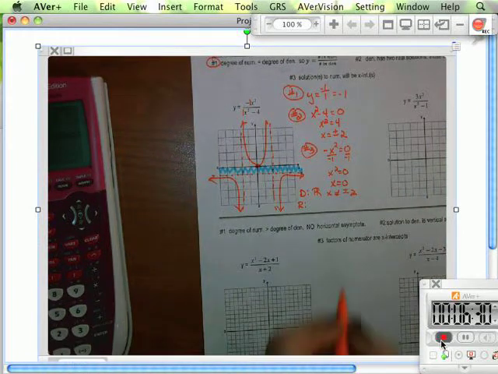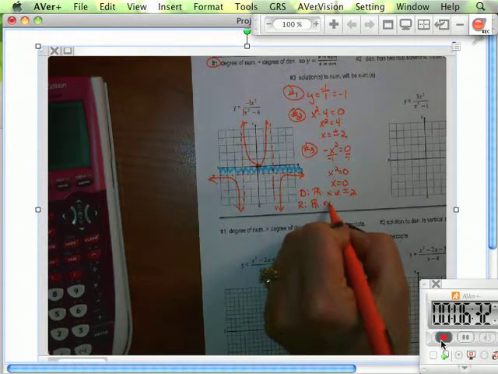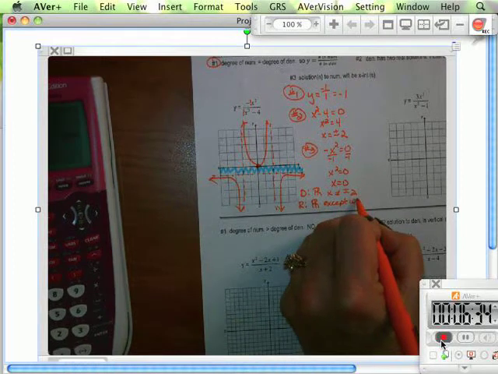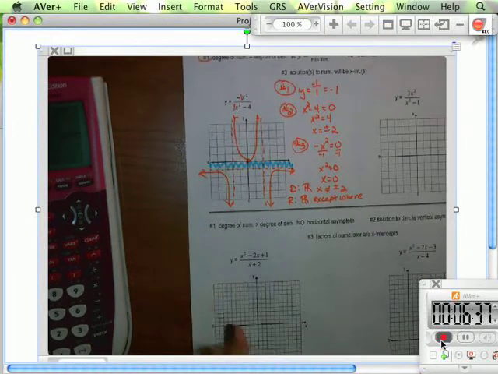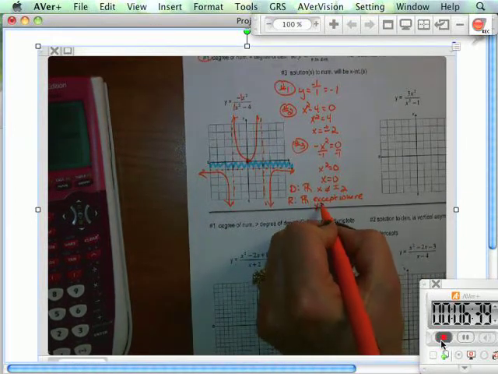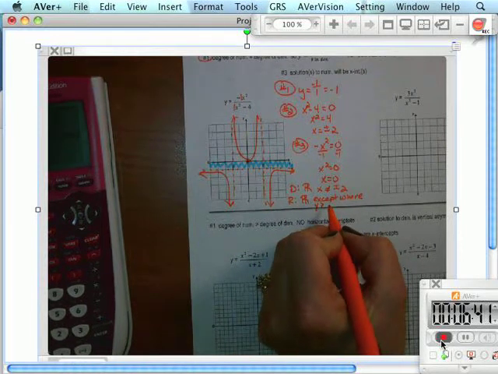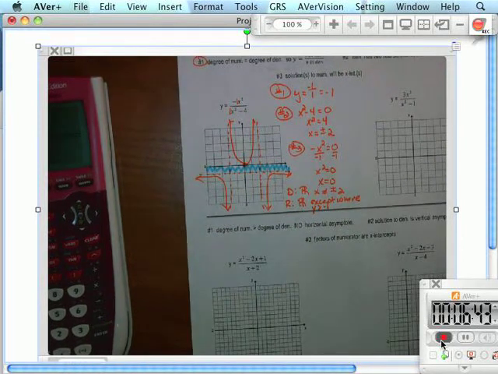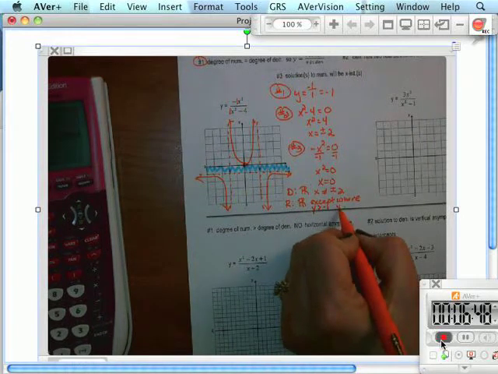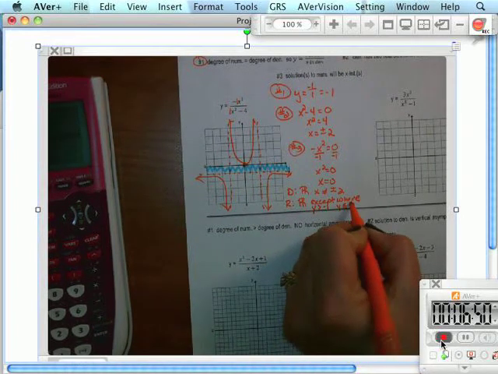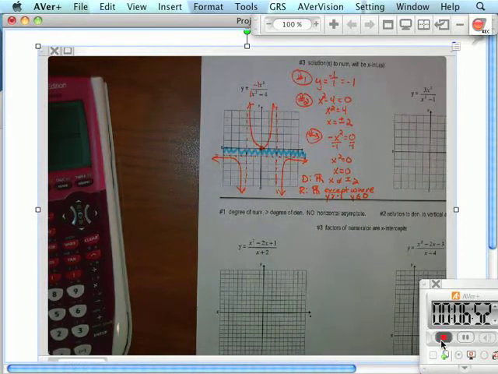The range could be anything except where y is greater than -1, or y is less than or equal to 0. So that's the place that it can't be. Here. Do you get that? Doable?